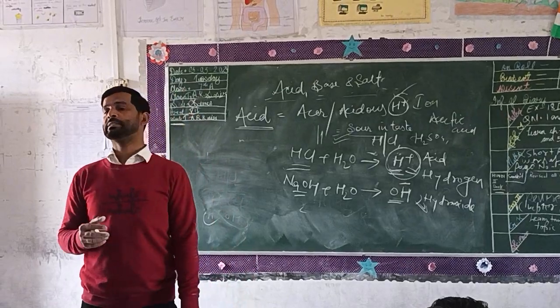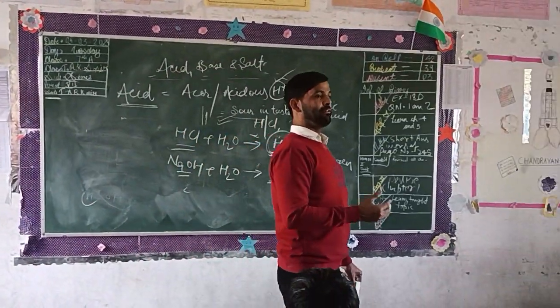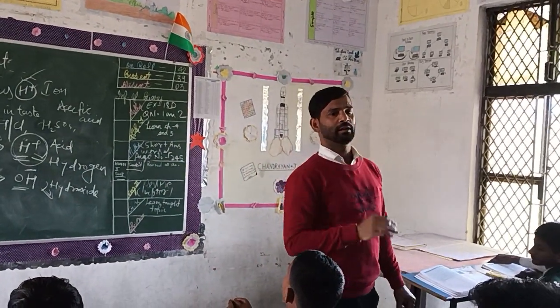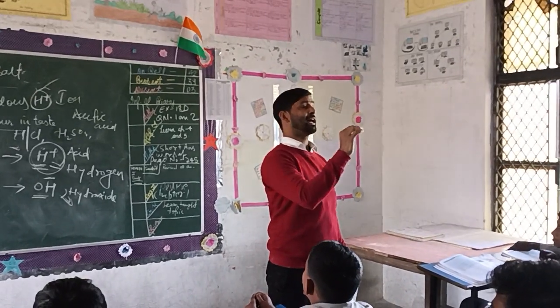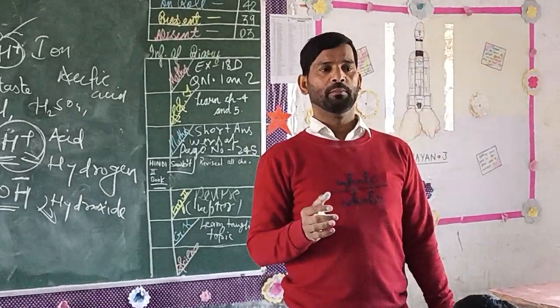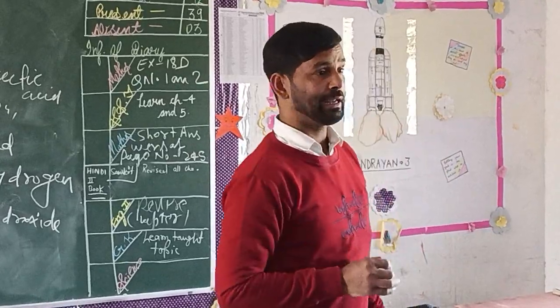The bases are those that have a bitter taste and are slippery in nature. What is the difference from acid? Acids are corrosive in nature, but bases are slippery to touch.